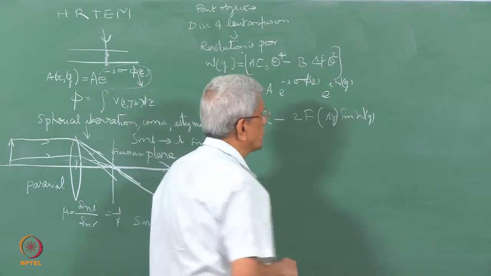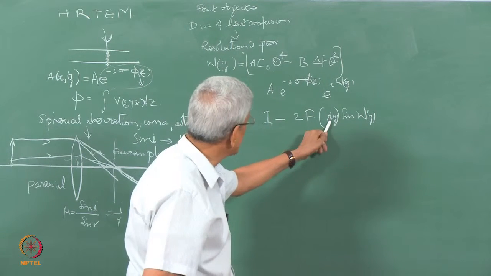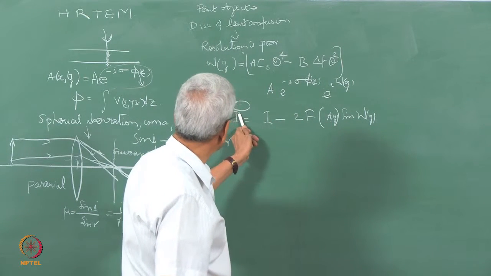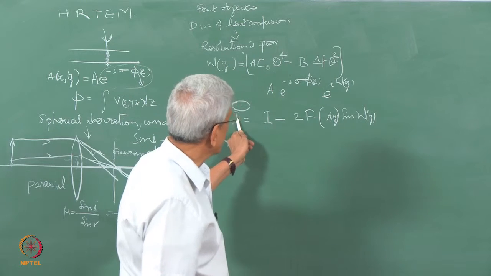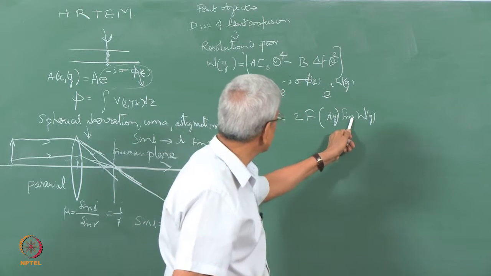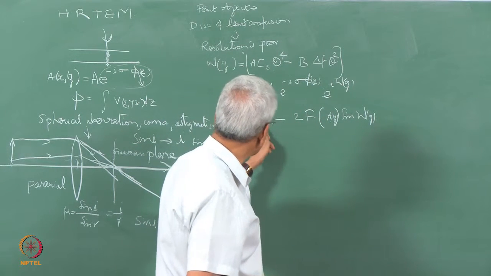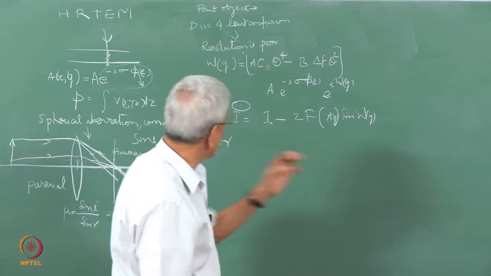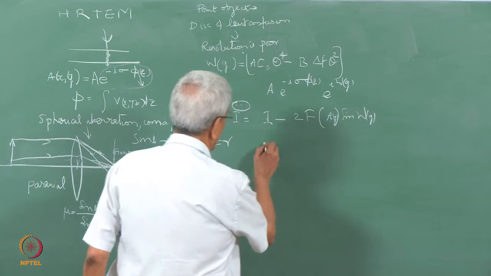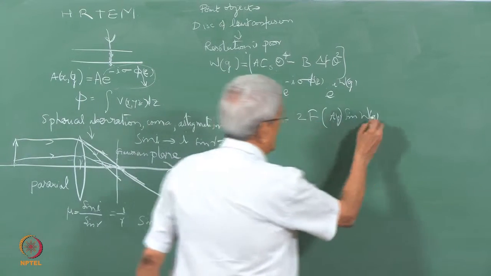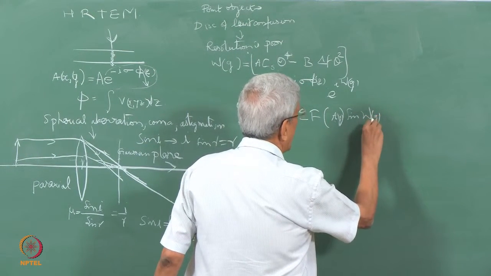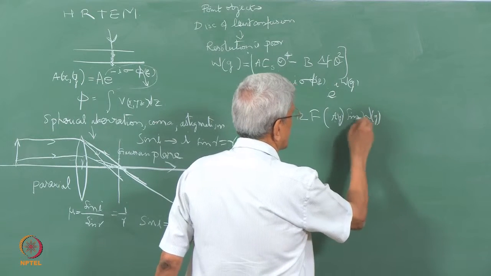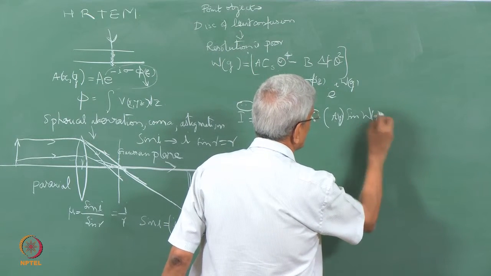So, with respect to every diffracted wave which contributes to the contrast, depending upon the sign of this, it can either add to the contrast or subtract from it. The net effect is how many scattered or diffracted beams can give rise to a contrast.